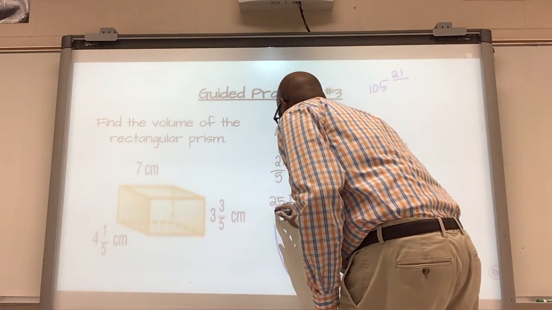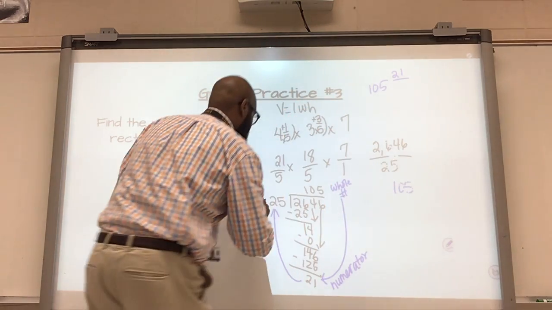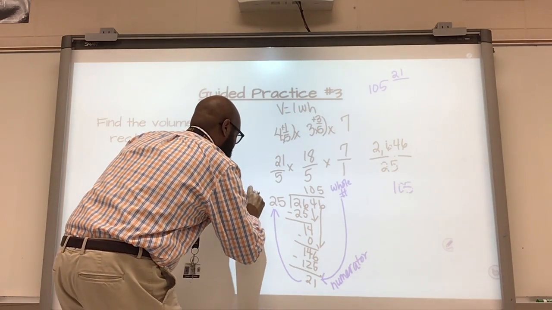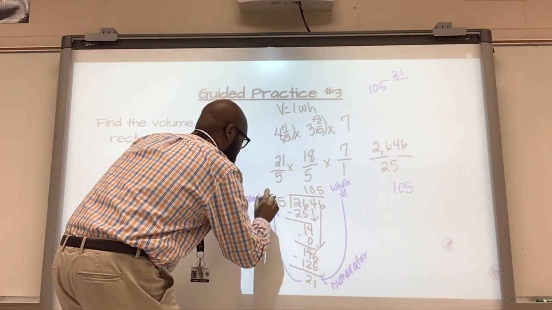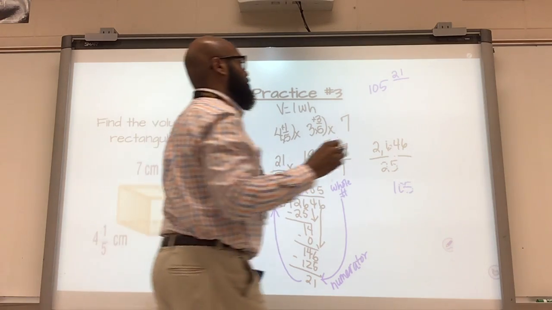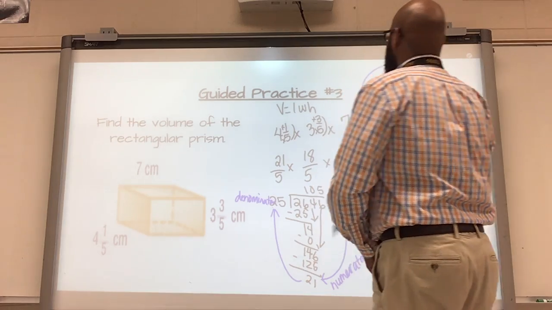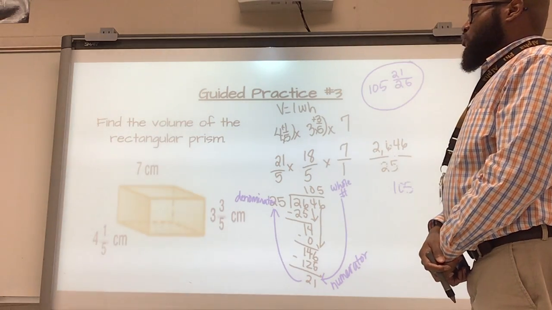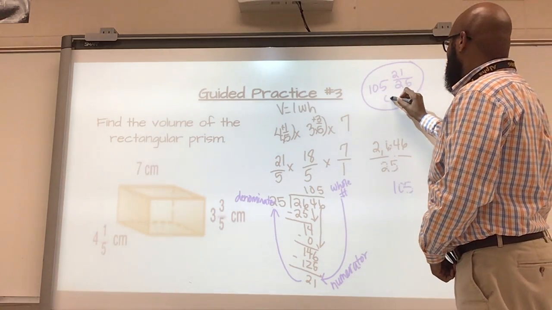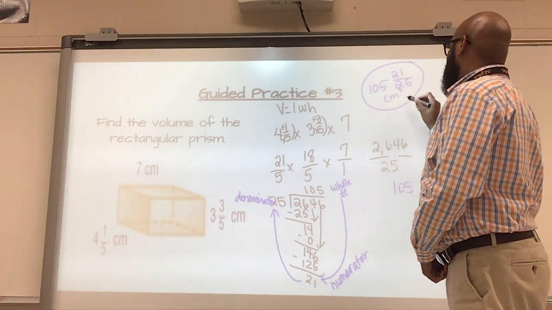And the 25 is the denominator. So our answer will be 105 and 21/25 centimeters cubed.